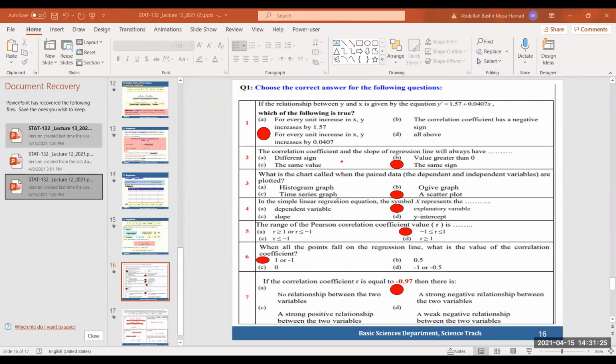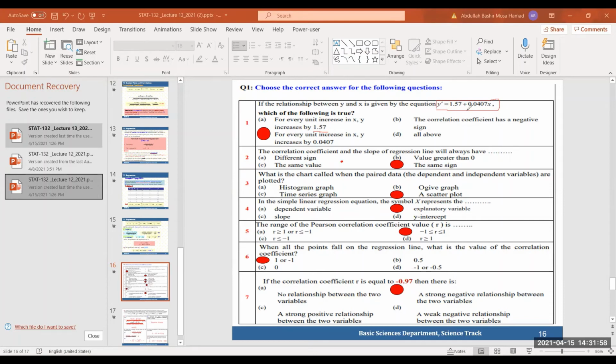Now let's see the worksheets. If the relation between y and x is given by the regression line equation y dash equals 1.57 plus 0.0407x, which of the following is true? For every unit increase in x, y increases by 1.57.